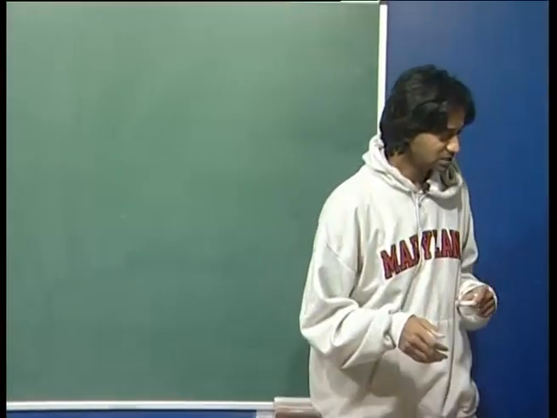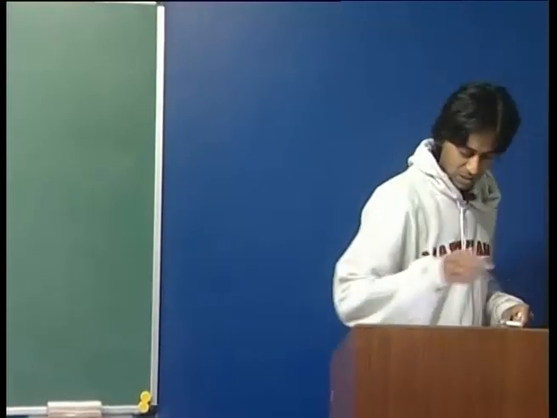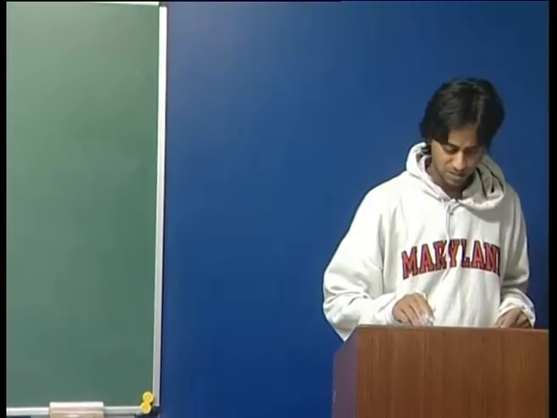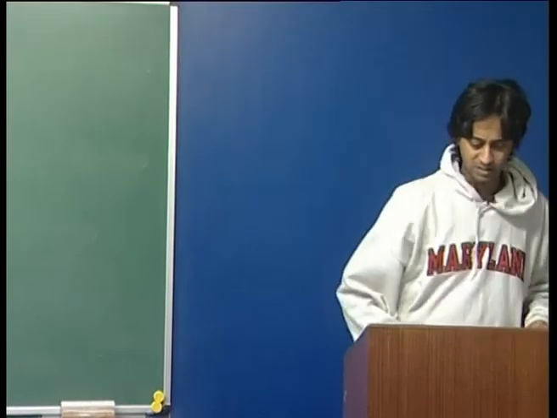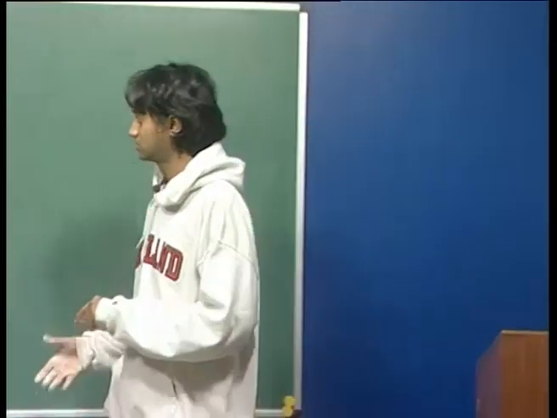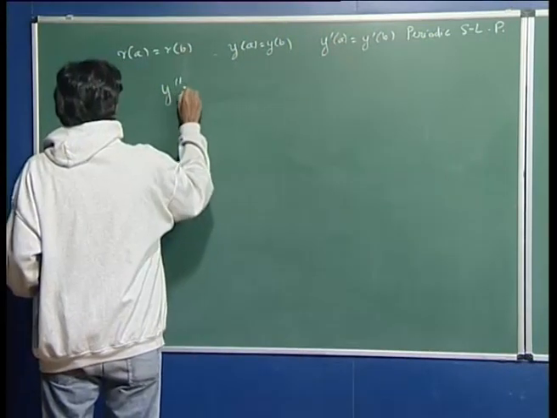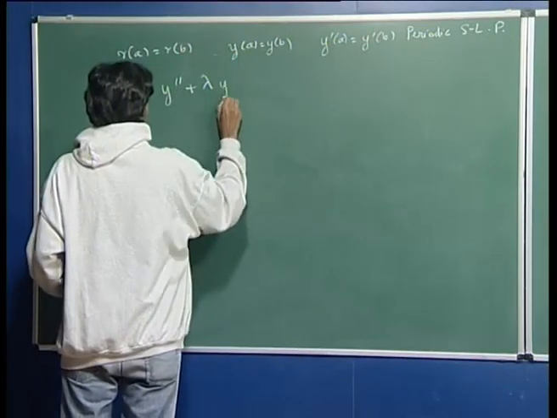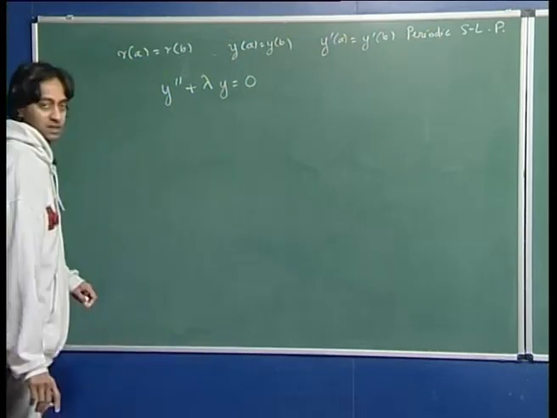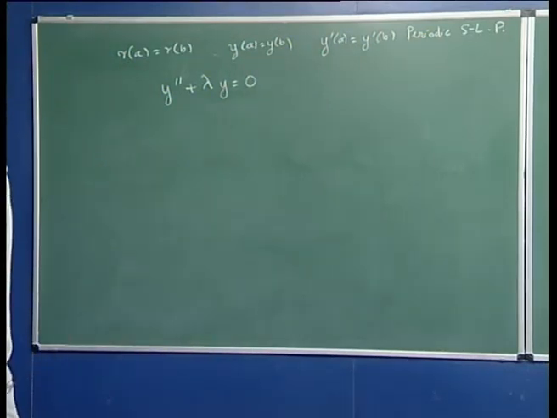So, let us look at some examples now, and we will look at a simple differential equation whose solution you know. So, suppose I have y double prime plus lambda y equal to 0. So, this is a simple Sturm Liouville form.